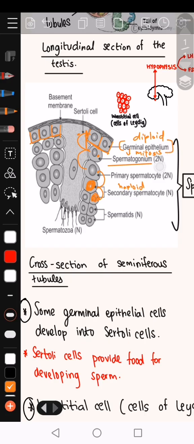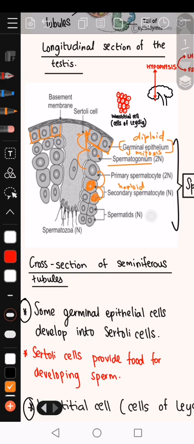That spermatogonium will grow to give us the diploid primary spermatocyte, which will undergo the first meiotic division and give rise to two secondary haploid spermatocytes.